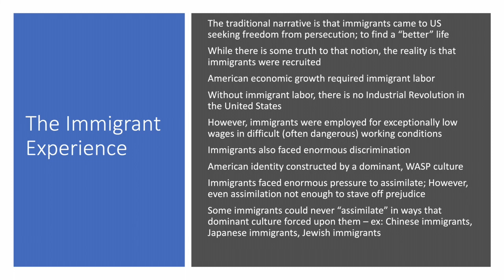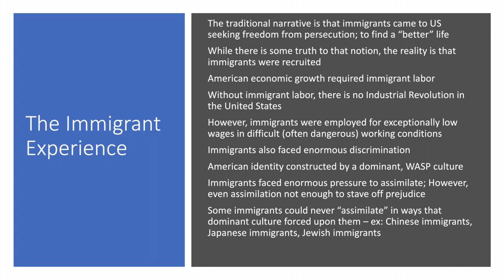So the traditional narrative about immigrants is that they came to the United States seeking freedom from persecution and to find a better life, that the United States was the land of opportunity, the land of freedom, and that's why they came here. They came here en masse to enjoy the freedoms and liberties and benefits of the United States. There is certainly some truth in that traditional narrative.